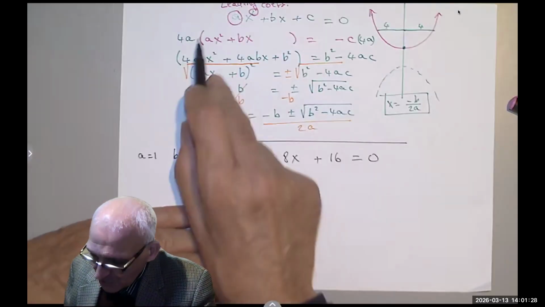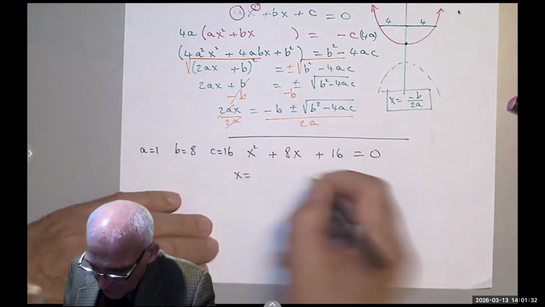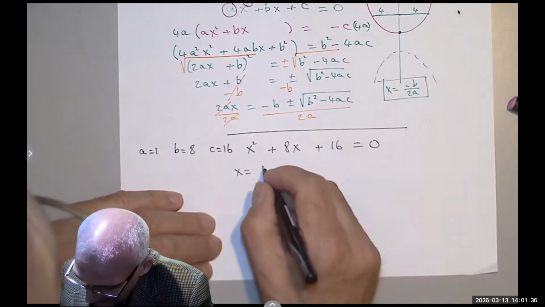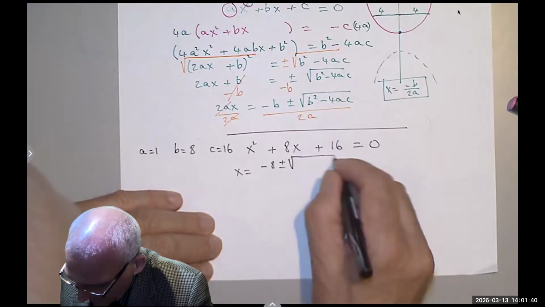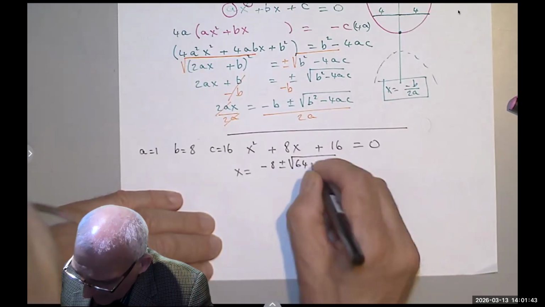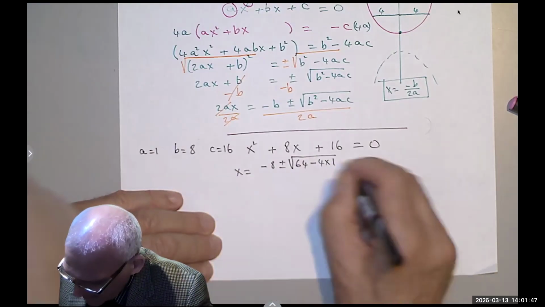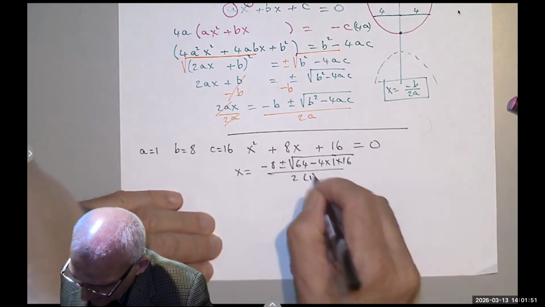I'm going to substitute in this equation, and I say x1 and 2, meaning theoretically I have two answers. Negative b, so negative 8 plus or minus the square root of 8 squared minus 4 times 1 times 16, over 2 times 1.